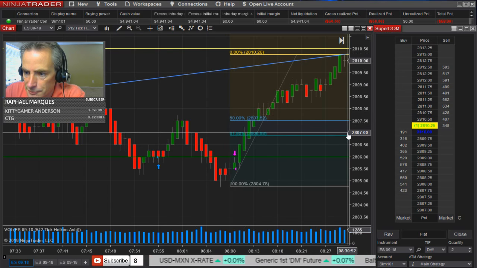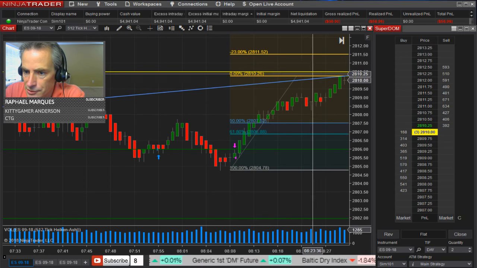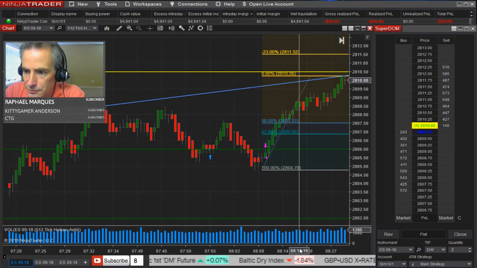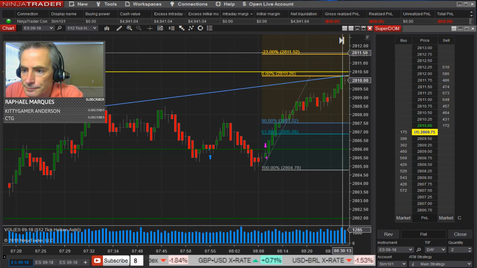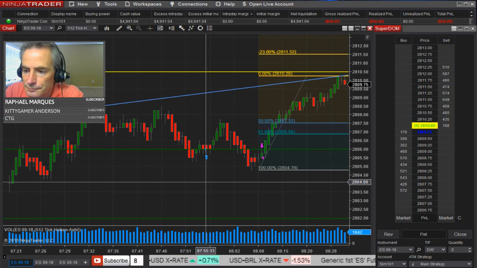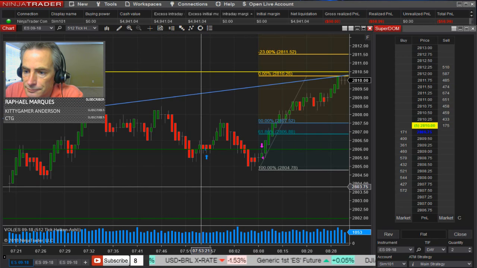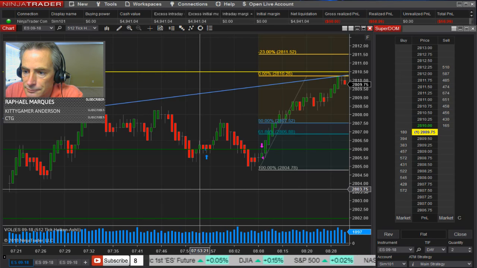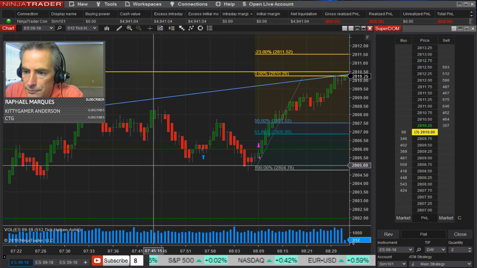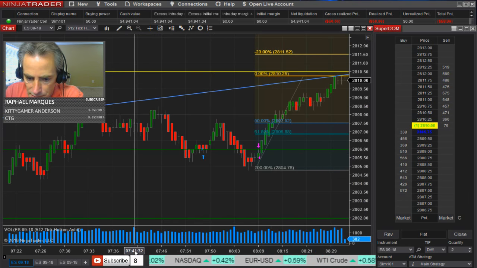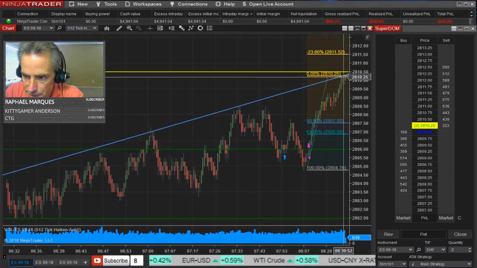So we'll see if it pushes through this resistance area here, or if it's gonna retrace first. Right now it looks like it's going to be pushing off the top of this channel.